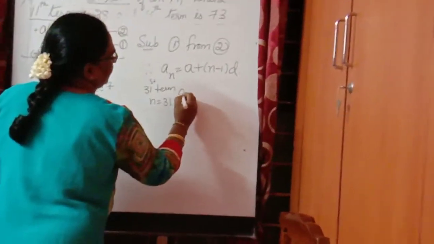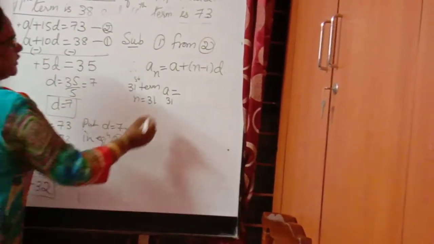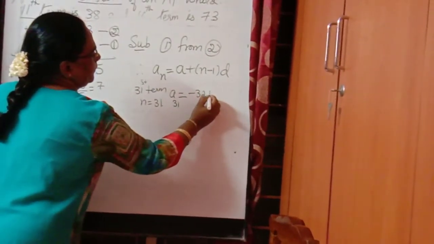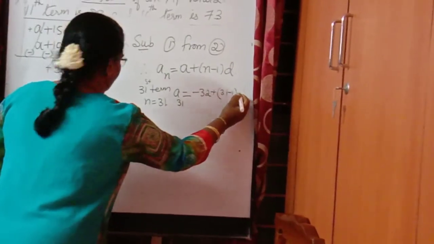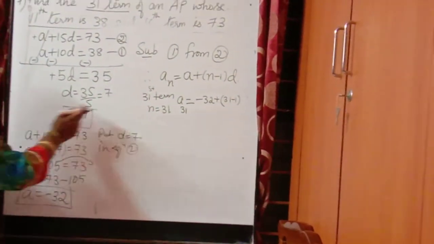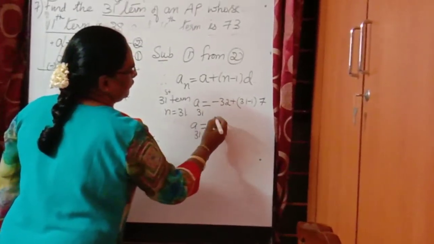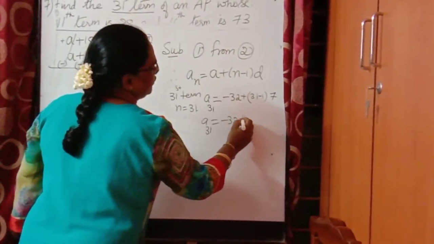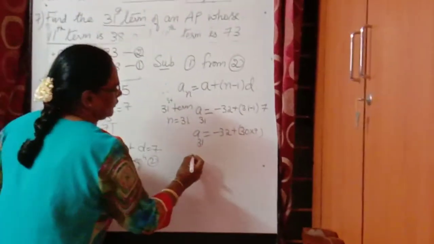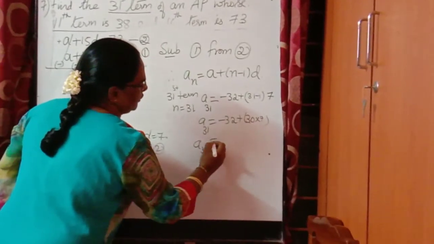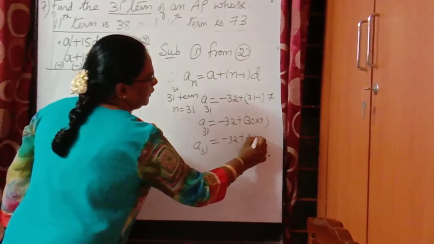So A31 is equal to a, which is minus 32, plus n, the 31st term, minus 1 into d, which is 7. A31 is equal to minus 32 plus 31 minus 1 is 30, 30 into 7. So A31 is equal to minus 32 plus 210.